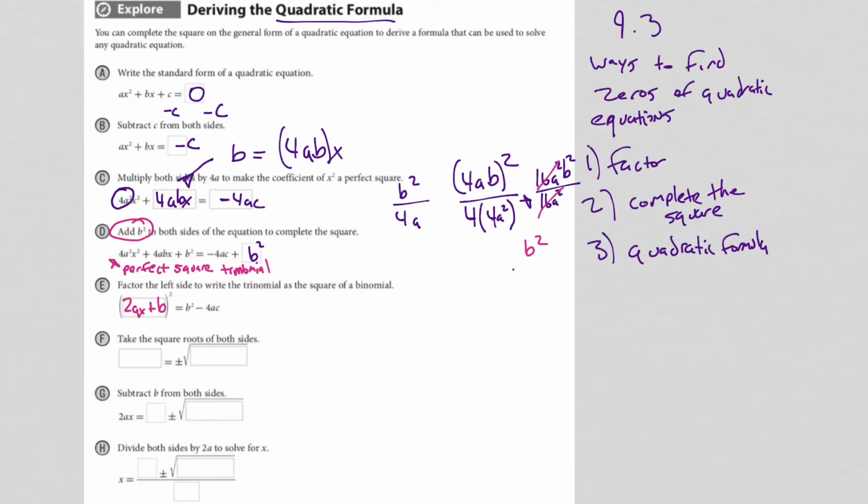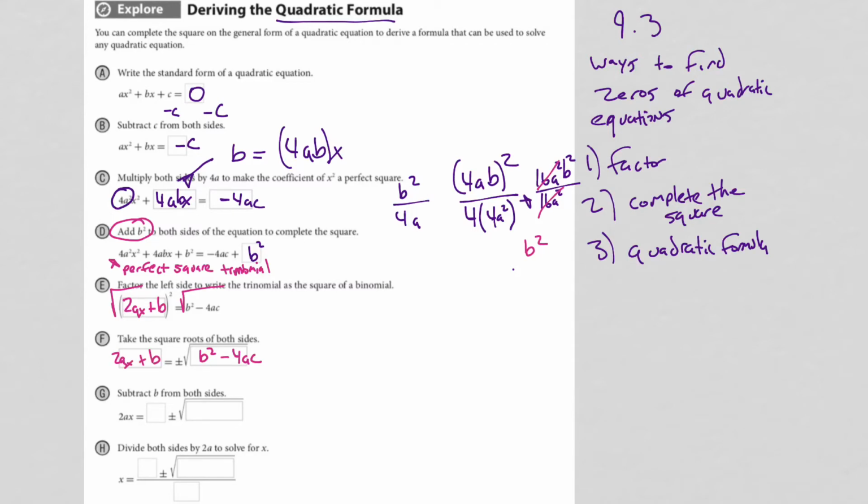So from here, the inverse of stuff squared is square root of stuff. So they basically take the square root of both sides. So you get plus or minus the square root of b squared minus 4ac is equal to 2ax plus b.